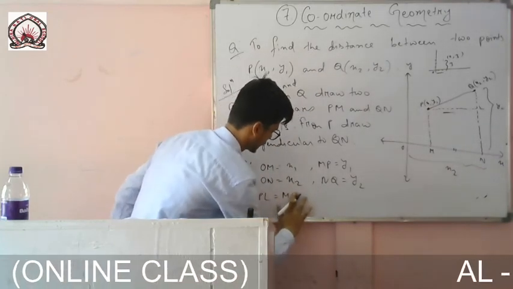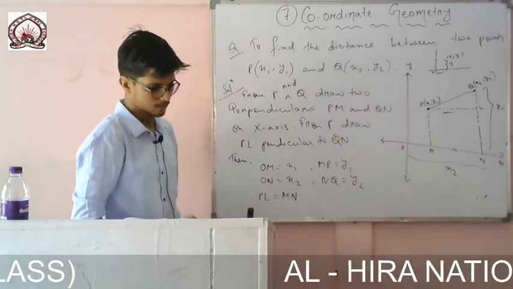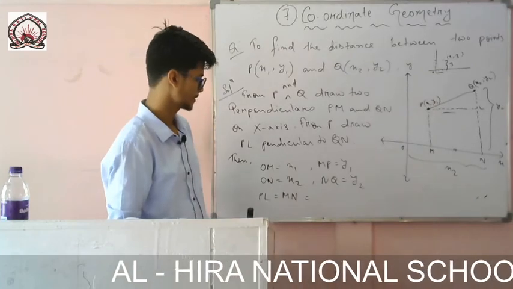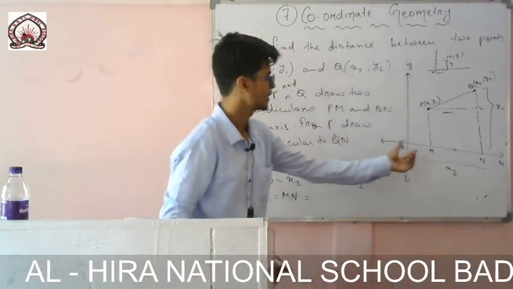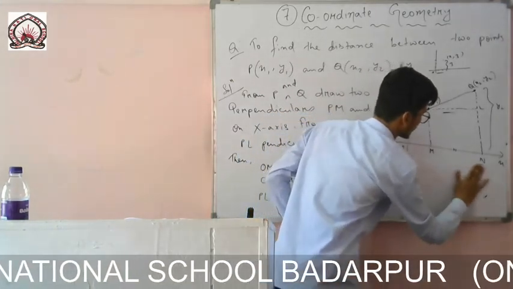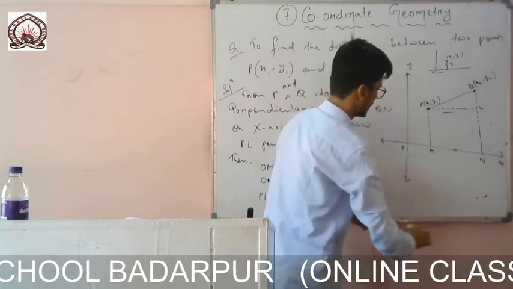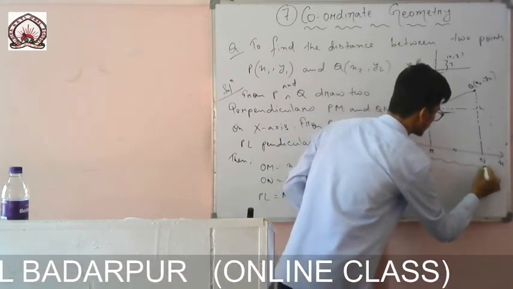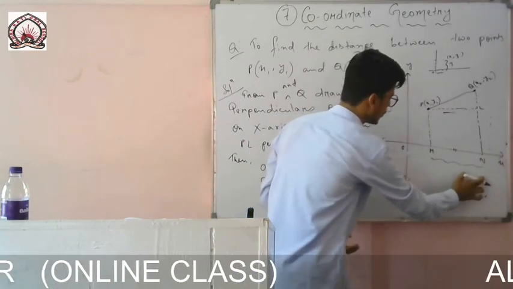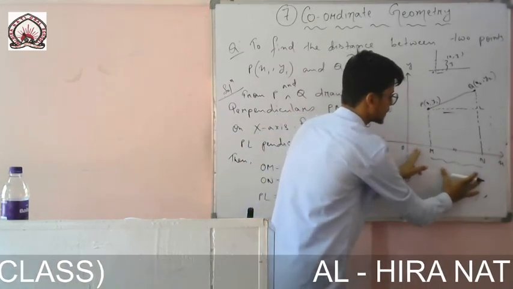MN is given. So MN I can write as the whole one, if I write ON minus this part, then I will get MN.